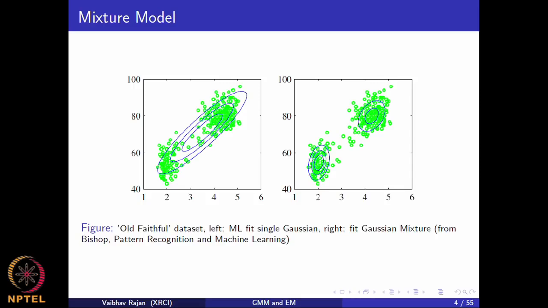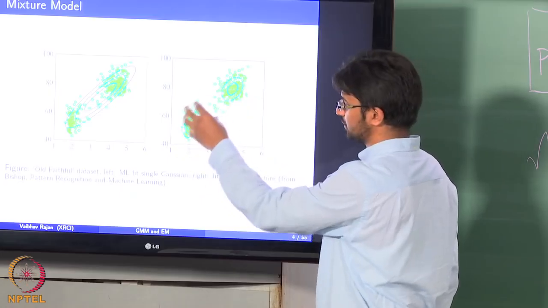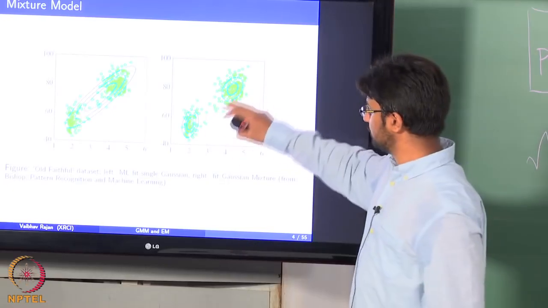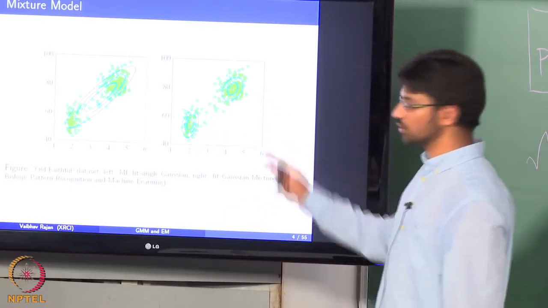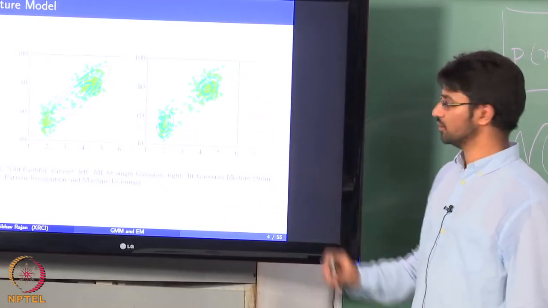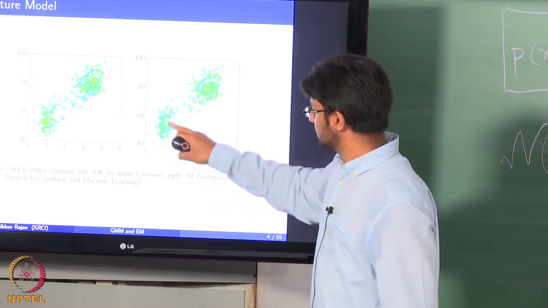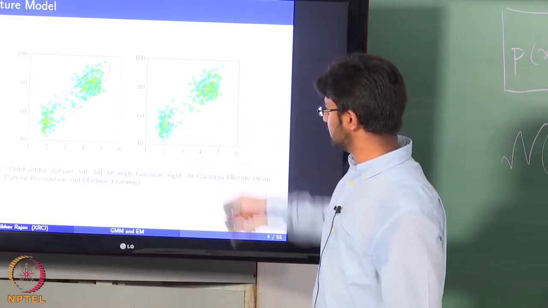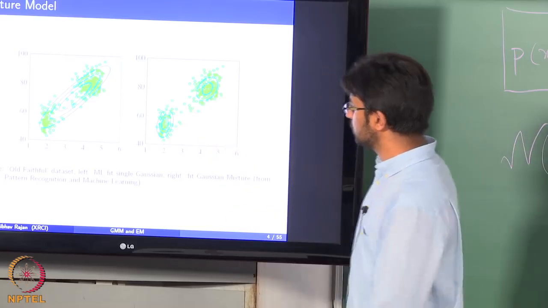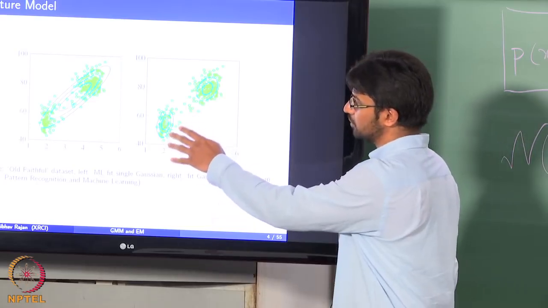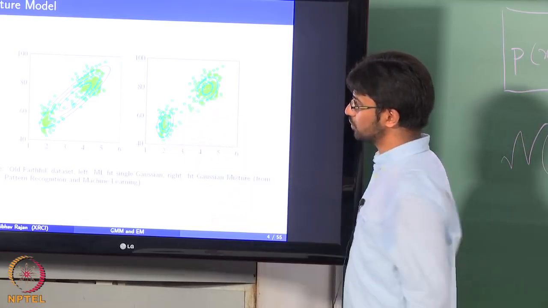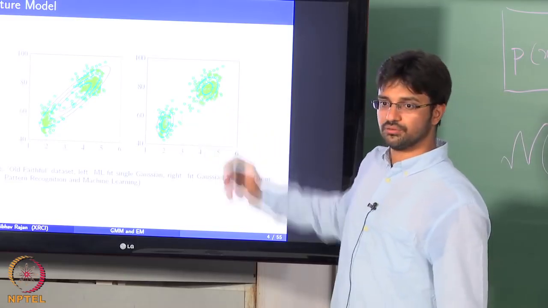But if we use, instead of a single Gaussian, 2 different Gaussians and try to fit a mixture of 2 Gaussians to this data, it looks somewhat okay, the data is dense here and data is dense here, and it looks like a mixture of two Gaussians would be a good fit for this data.